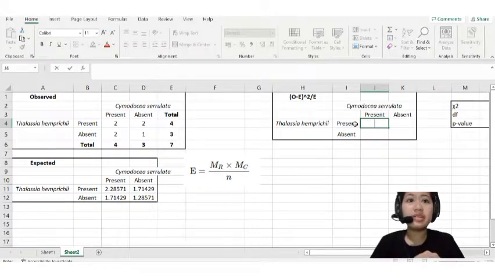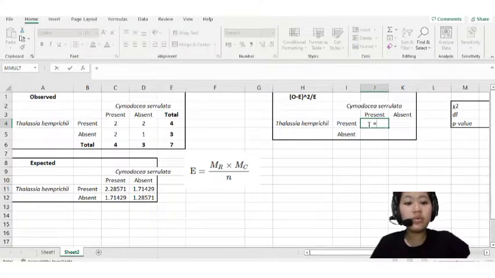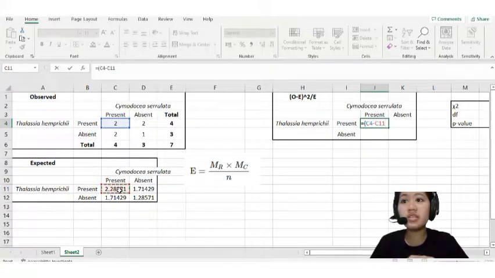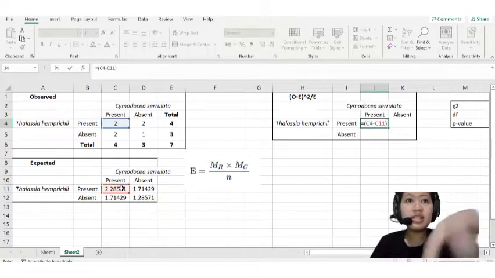So we have present. Equals open parentheses. What is our observed value here? 2. Then the minus sign, the expected value here is this 2.28, close parentheses.